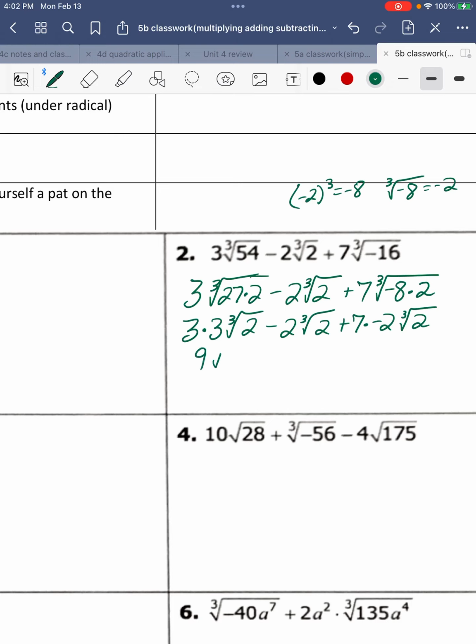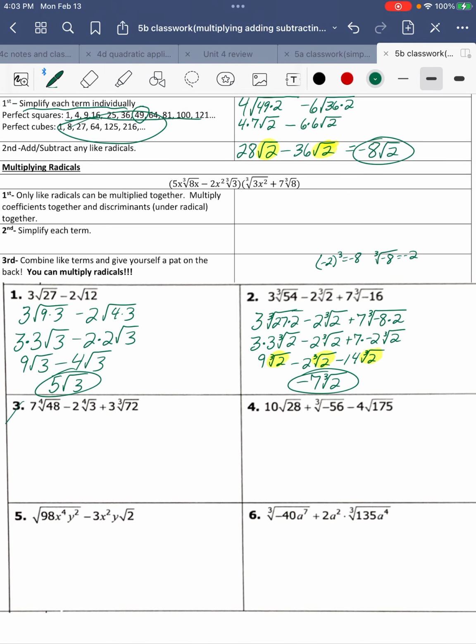Now let's keep going with this. 3 times 3, multiplying your coefficients, is 9 cube root of 2, minus 2 cube root of 2. 7 times negative 2 is a negative 14 cube root of 2. Now, looking at our like terms, we have cube root of 2, cube root of 2, cube root of 2. And we have 9 minus 2 is 7, minus 14 is a negative 7 cube roots of 2. And there's our final answer.